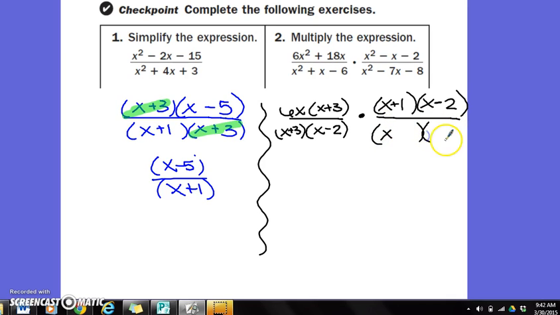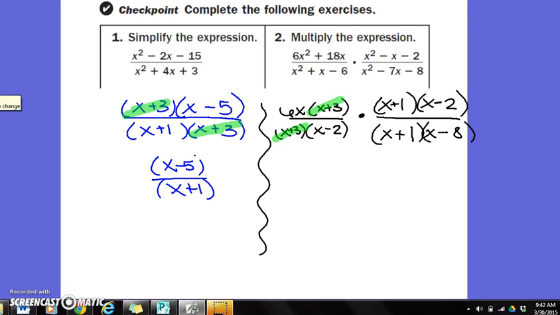Second fraction denominator, you're going to get x and x. You're going to get a 7 and a... I lie, an 8 and a 1. Let me fix that, I'm doing some stuff in my head. An 8 and a 1, and the 1 is going to be positive, so you have a negative 7 as a middle term. We start reducing numerator to denominator. x plus 3 in the numerator, x plus 3 in the denominator.